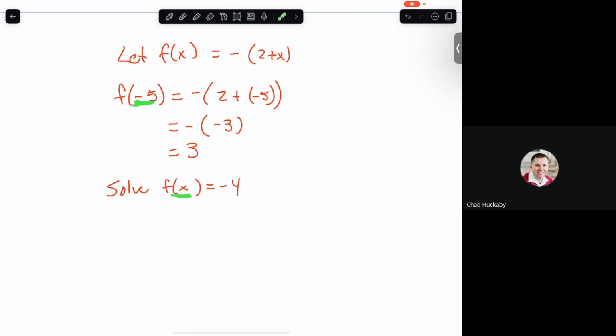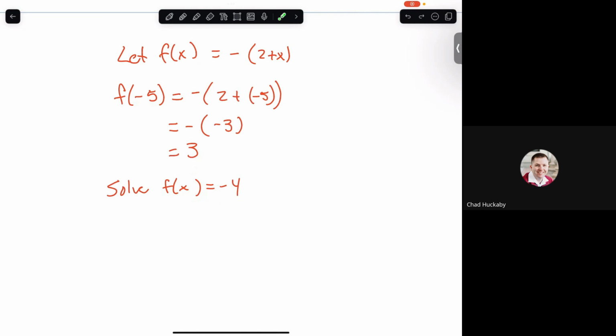We're not given this -5 sort of stuff. We're given that the function, our y value, is equal to a number. f of x is equal to -4. So what I do in this case is I plug -4 in for f of x and then solve for x.